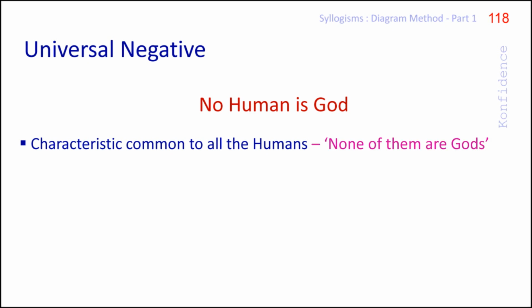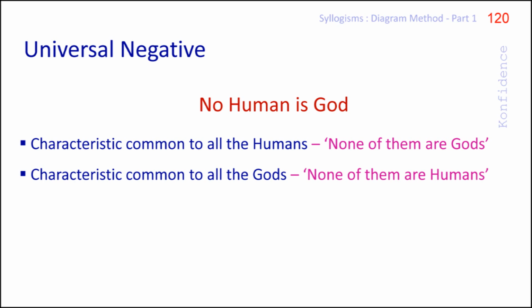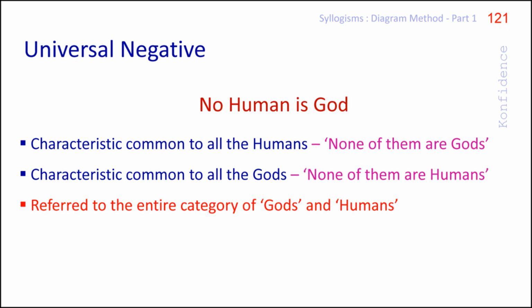Yes. None of them are gods. Do we know a characteristic common to all the gods? Yes. None of them are humans. Thus, in this statement, we have referred to the entire category of gods and humans, and so both the terms are distributed as indicated by the tick marks.